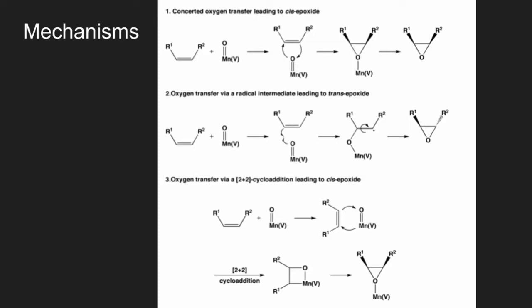And the metallo-oxetane pathway, where the oxygen is transferred by a 2+2 cycloaddition with a manganaoxetane intermediate, leading to the formation of a cis epoxide. Of these 3 possible mechanisms, the concerted pathway is currently the most widely accepted.